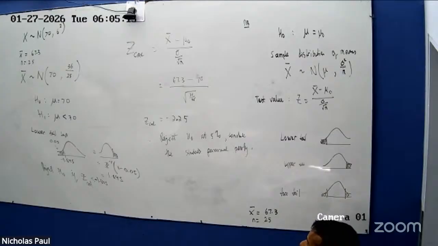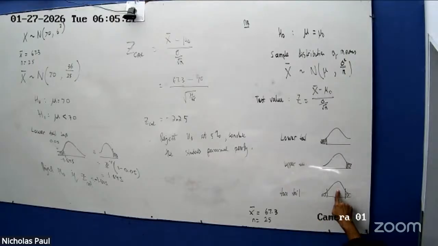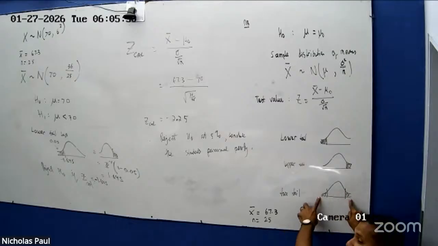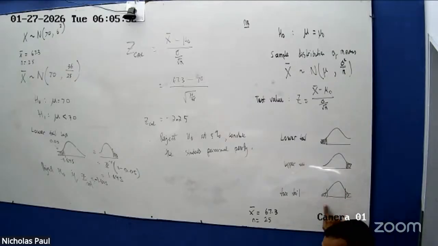The calculated value will stay the same, but the critical region is for both sides. If you want to be 95% correct, you're going to be 5% wrong, so how much is in each tail? 2.5%. So you see how we went to the table and worked out for 1 minus 0.05; now we're going to work out for 1 minus 0.025.